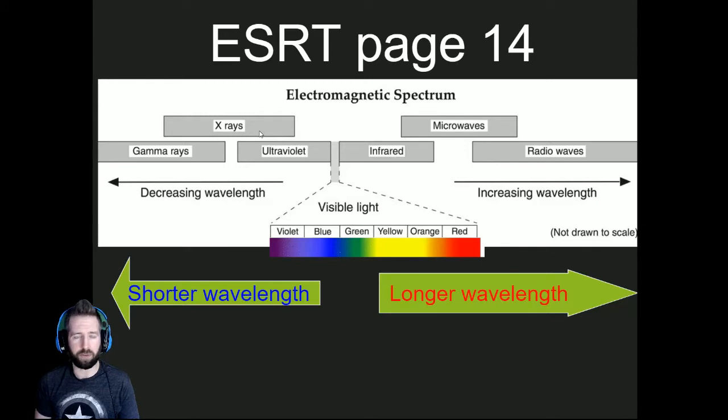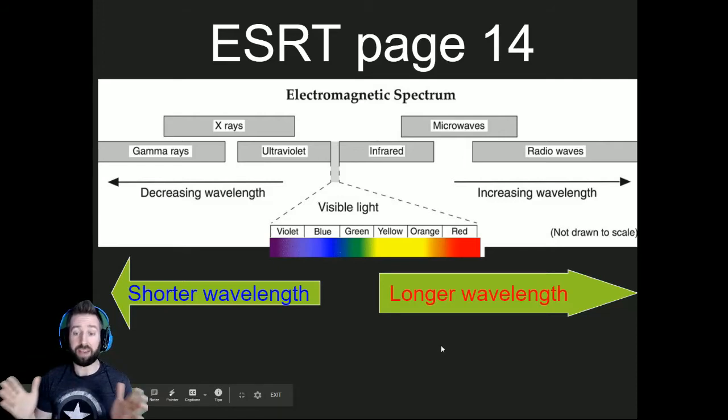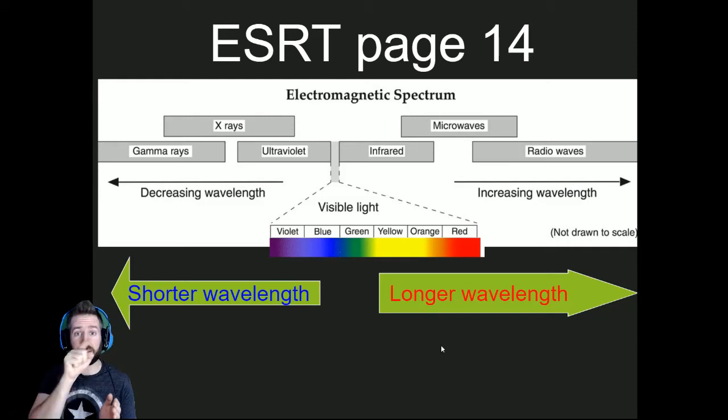But those are really dangerous, and luckily we have an atmosphere to get rid of those so that we're not dead. So there's this spectrum, and it all has to do with how much length there is between the crests or the troughs of a wave.